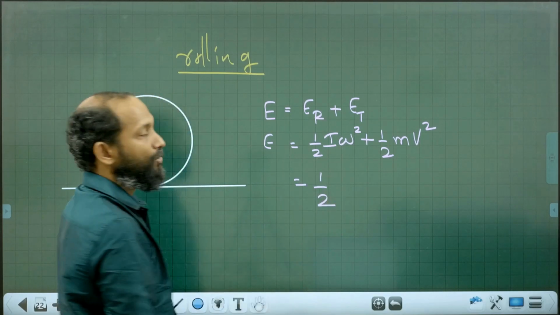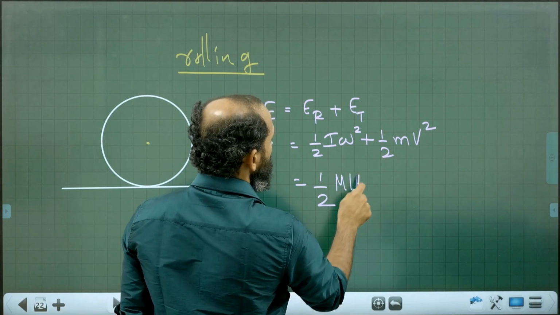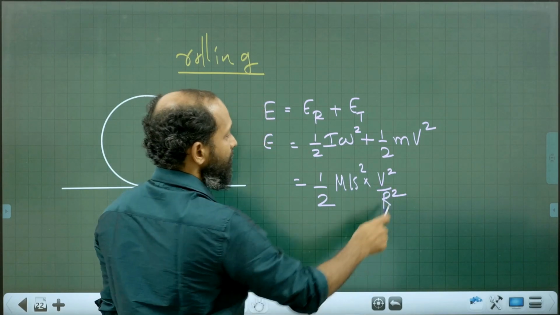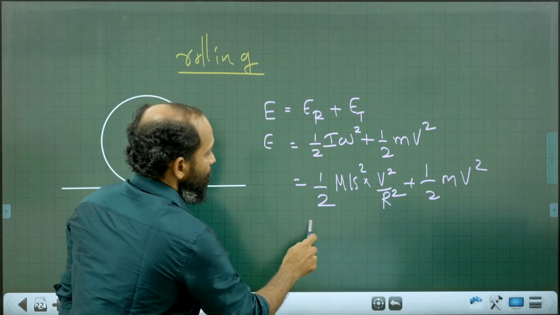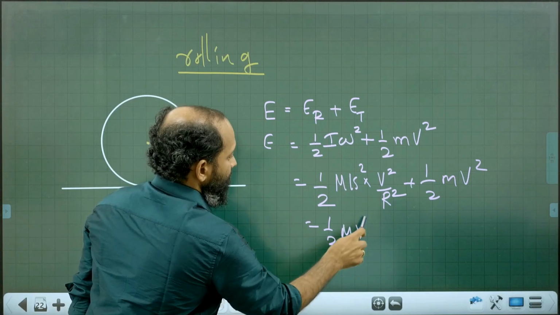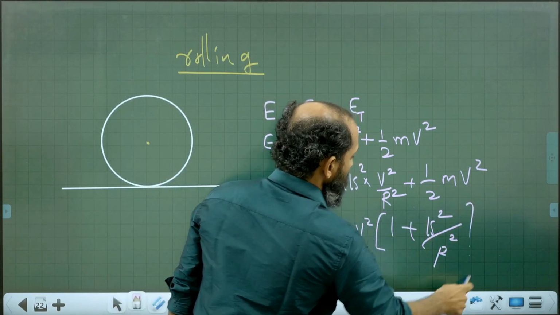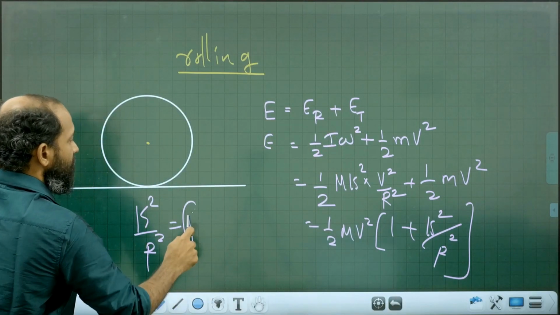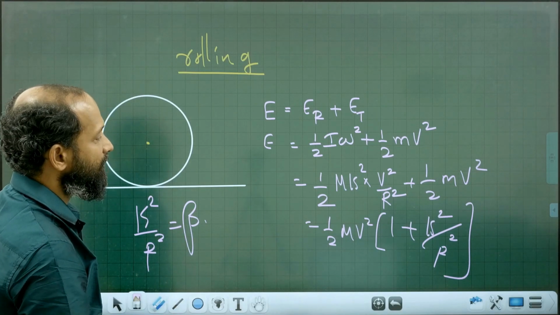This is the general formula, as we do not know the shape of the body. Then you can write I as mk², omega as v/r, and omega square as v²/r². Then we write half m v² into (1 + k²/r²), where this k²/r² we choose as beta, a constant.